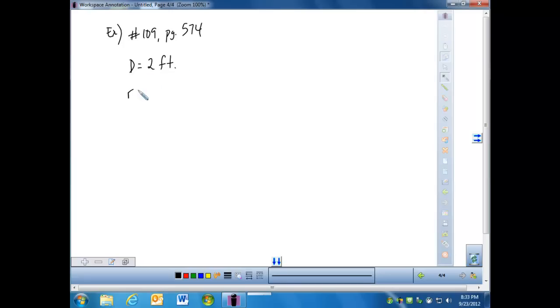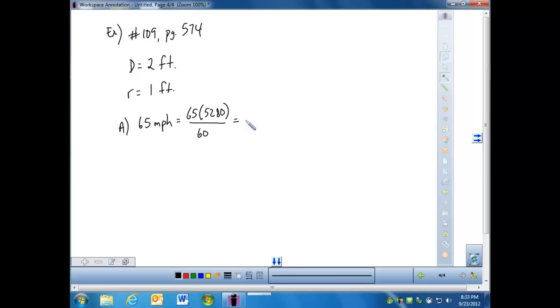So again, it's an angular speed problem. Revolutions per minute though is what our label is going to be. So we want to know our diameter. Diameter is 2 feet. Half of that is a radius of 1. So to figure this out right now, 65 miles per hour. And really, this is just a conversion problem.